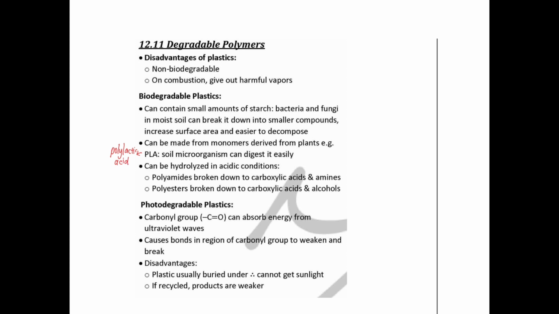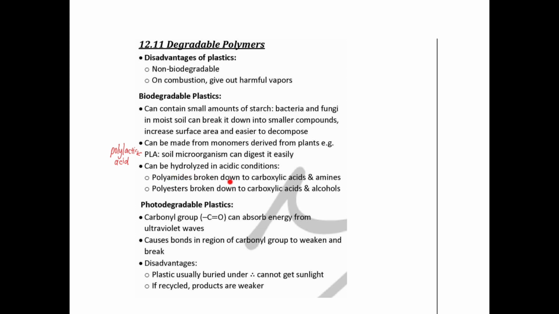We take it as a monomer, then join up to form a polymer, then make it a biodegradable plastic. The advantage of doing this is that soil microorganisms can digest it easily. It can be hydrolyzed in acidic conditions. That's the advantage of biodegradable plastic. So you put some acid, then it hydrolyzes.